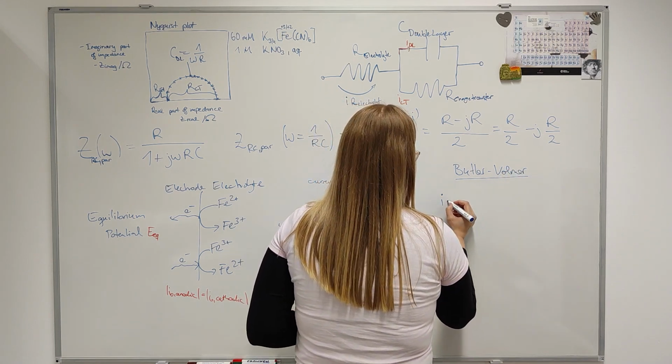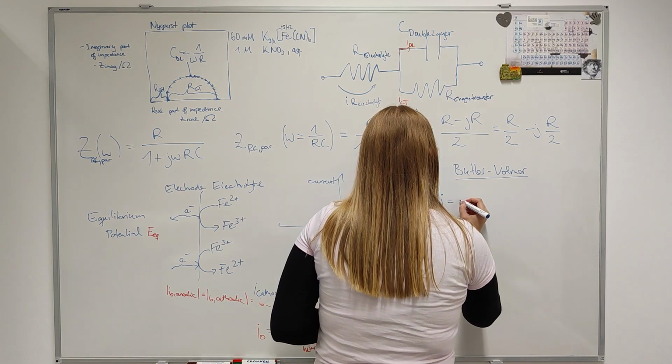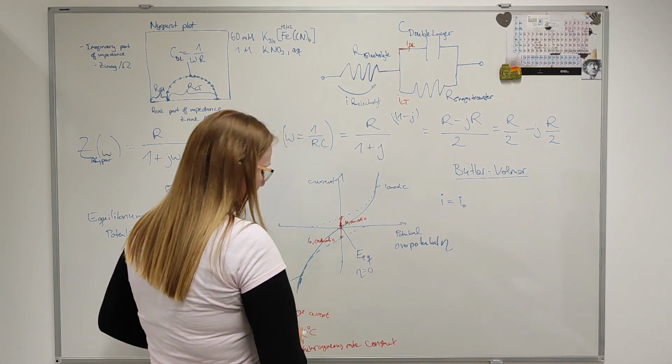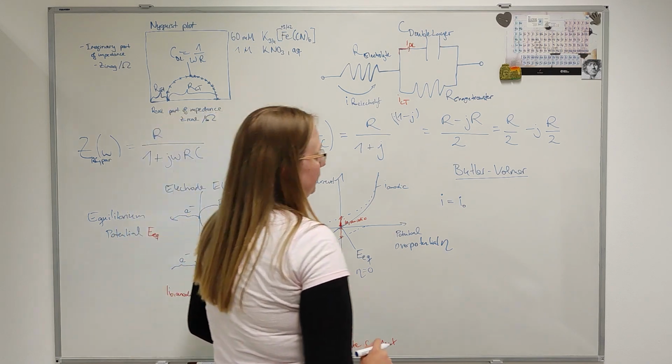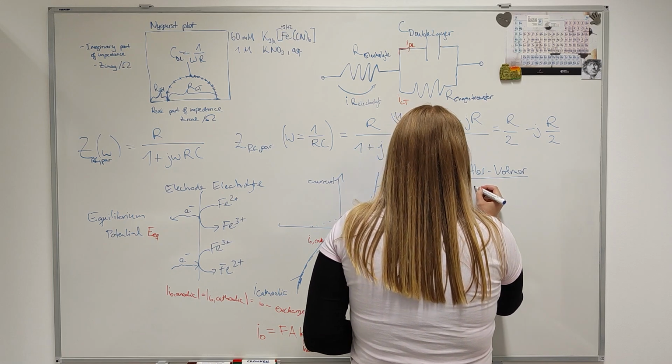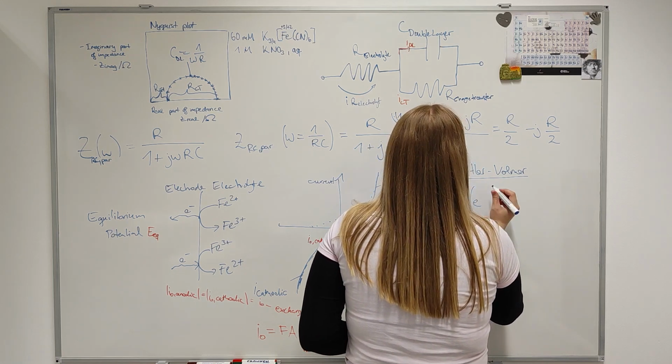So here I want to express my current, which needs this exchange current density, which characterizes the process via its heterogeneous rate constant, and this multiplies it with these exponential expressions.